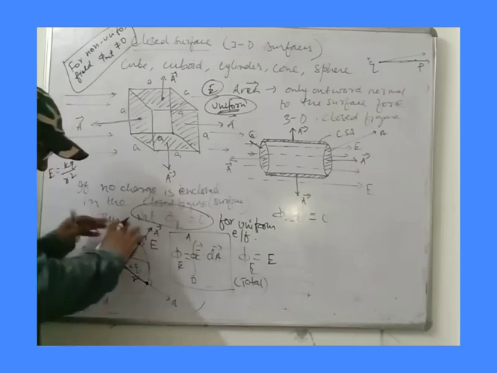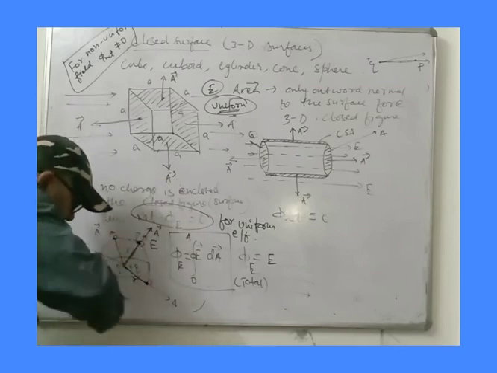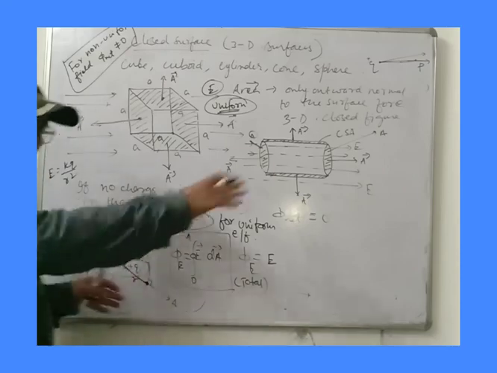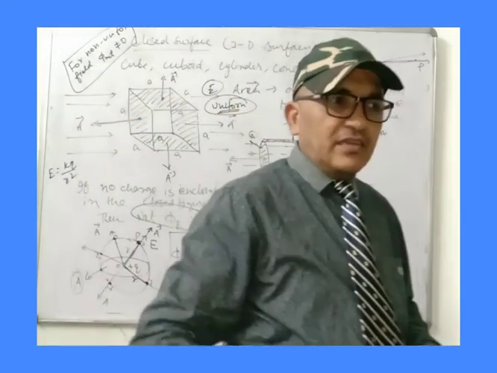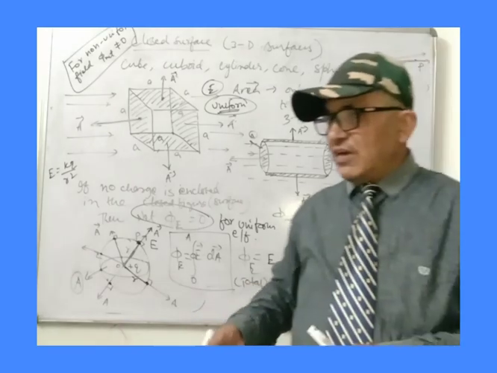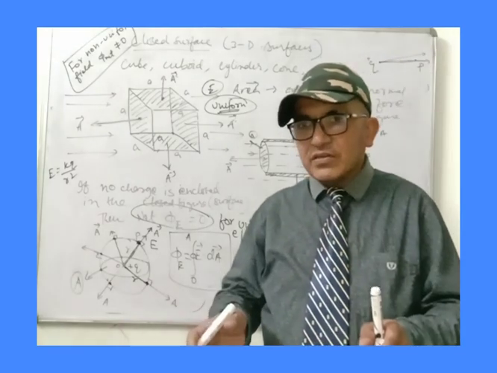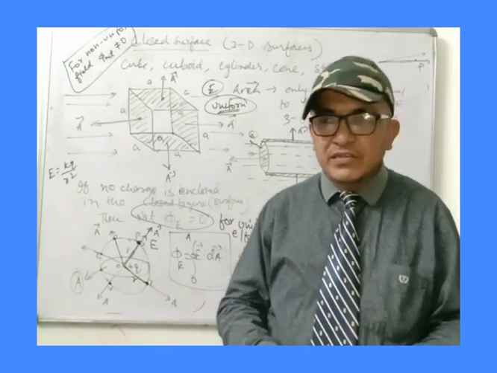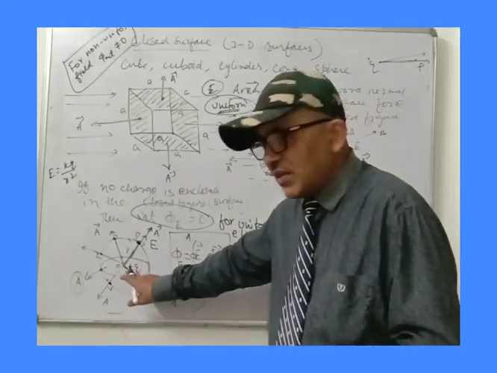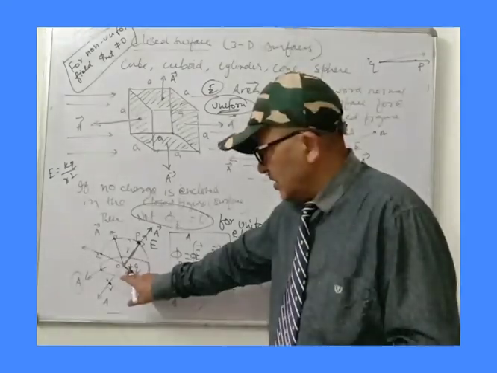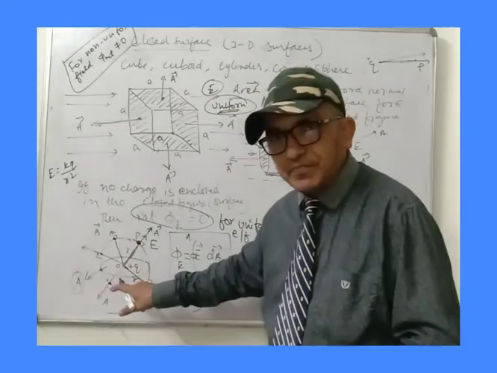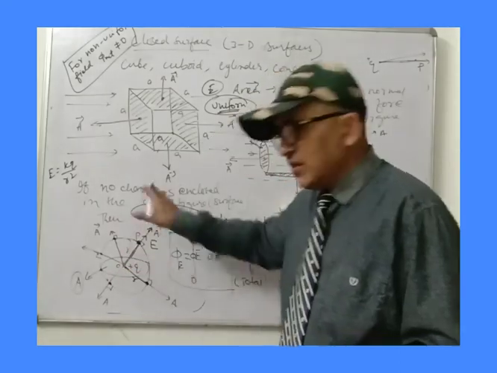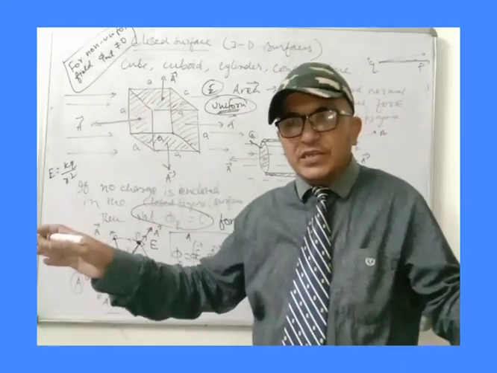But here, we have taken a sphere which is symmetrical. We have studied that electric field lines due to a positive charge or a negative charge have spherical symmetry. That means if the positive charge is at the center and there is this sphere whose center is the positive charge, then electric field lines will emerge radially outward.